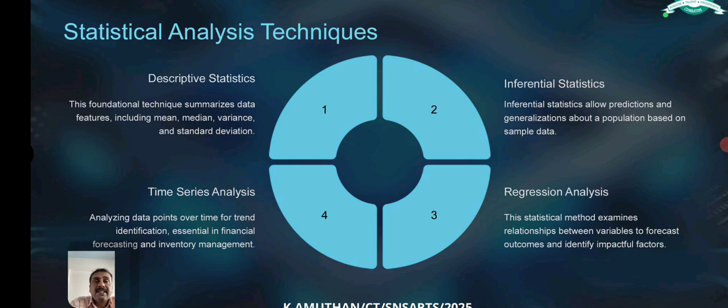We take the existing data and analyze it for the current scenario. That is a prediction. Then regression analysis, a statistical method that examines relationships between variables to forecast outcomes and identify impactful factors. The last one is time series analysis, analyzing data points over time for trend identification, essential in financial forecasting and inventory management.